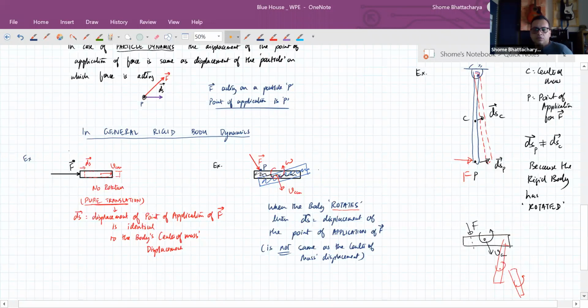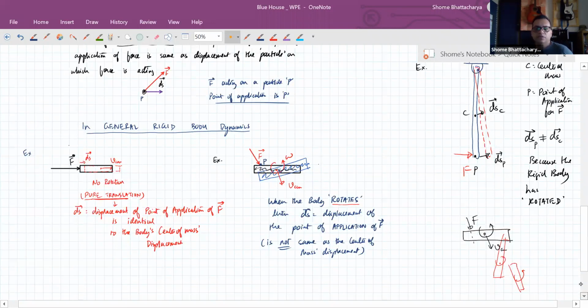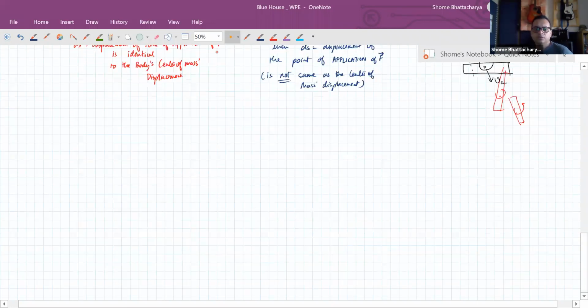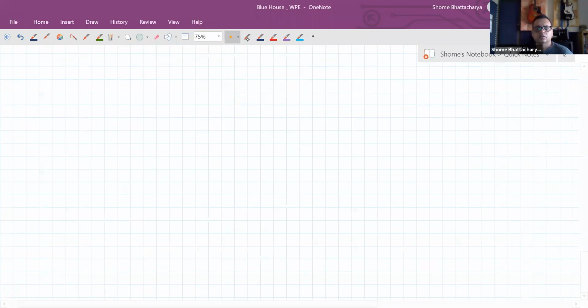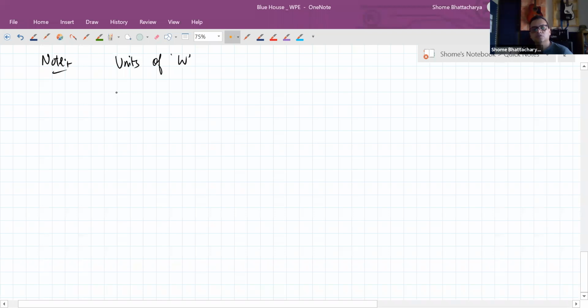Okay, so having understood this, the next quick thing is about the units, which we have indirectly already discussed. So the SI unit is joule. 1 joule is equal to 1 Newton meter. The CGS unit, on the other hand, has a specific name.